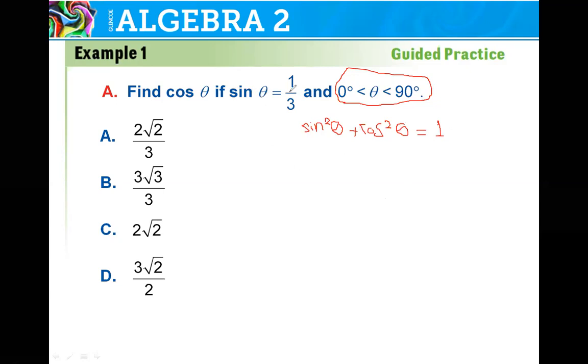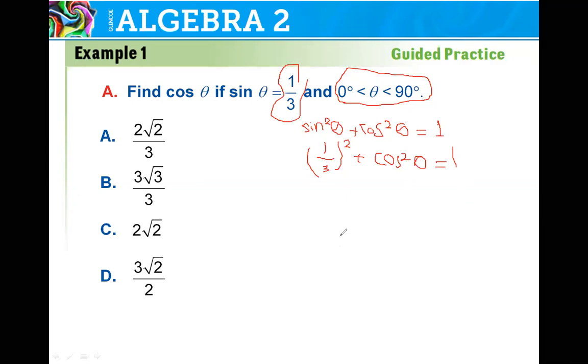Sine theta equals what here? 1 over 3. I can remove sine squared and put (1 over 3) to the power 2, plus cosine squared theta equals 1. Can you complete now?